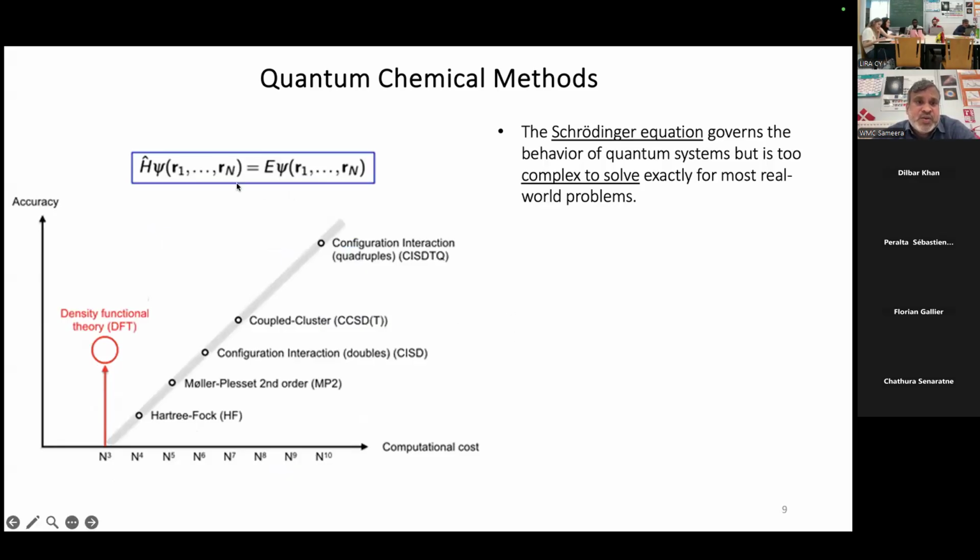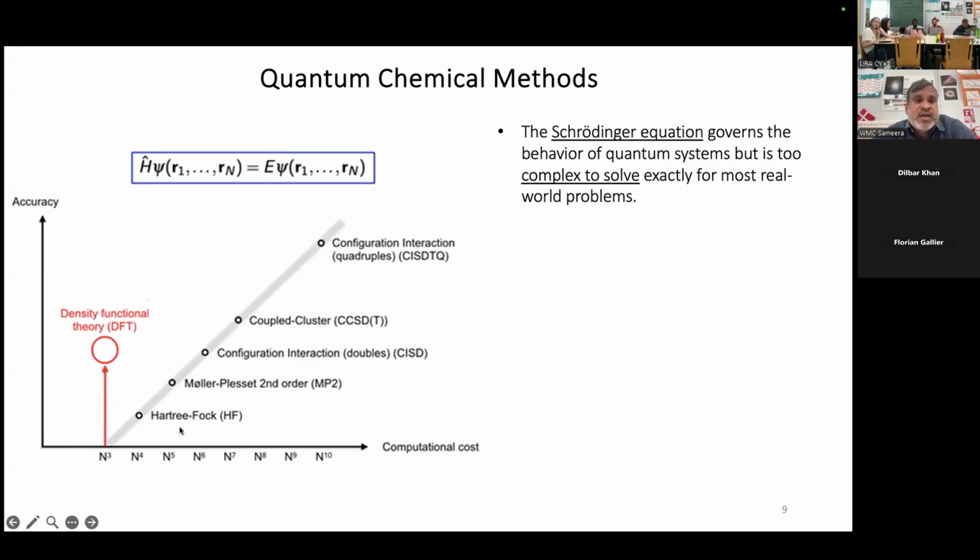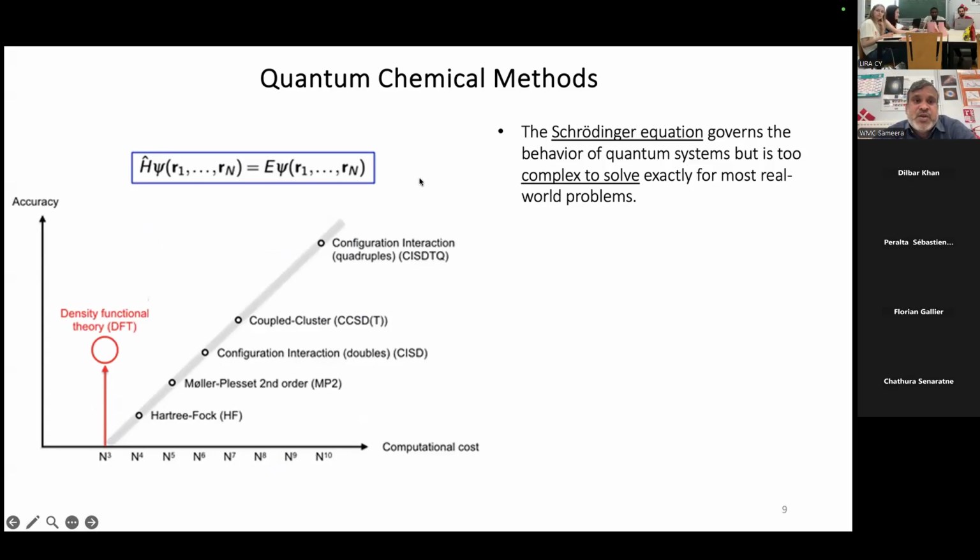But because of these practical limitations in solving the Schrödinger equation for large molecular systems, many approximate methods have been developed over the past years. And here on this axis, you can see different methods. This end here is the complete solution of the Schrödinger equation shown here.